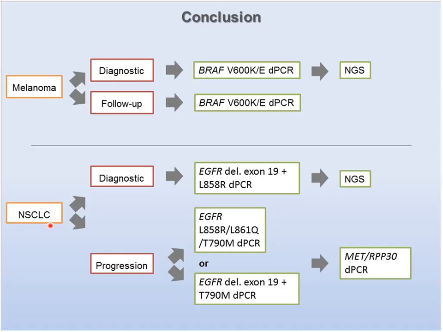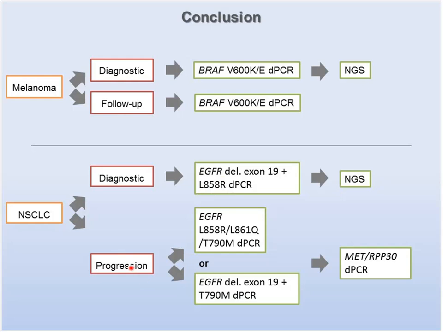pathway. For lung cancer, in the context of diagnostic, we perform the analysis of EGFR deletion of exon 19 and the activating mutation L858R. And again, if we do not detect a mutation, we do NGS analysis.